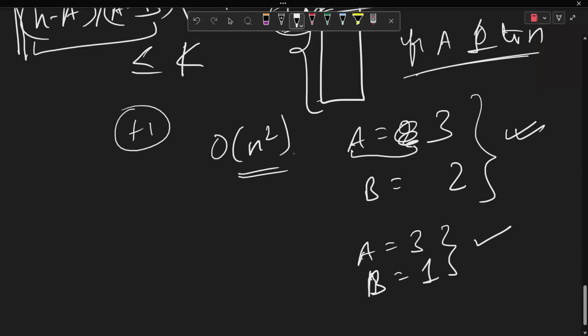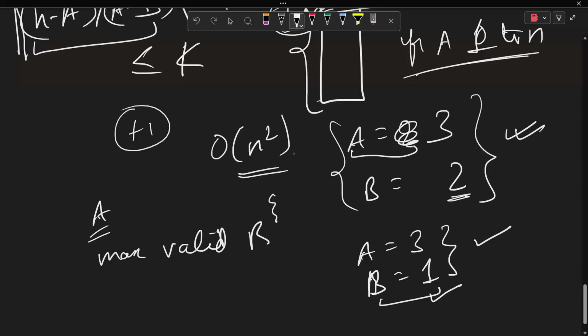Why? Because if we are reducing only the value of b, we are reducing the slipperiness. If we are reducing the slipperiness, definitely, if it was able to come out with a slipperiness of 2, it would come out with a lesser slipperiness also. So what we can say, for a given a, if we can find the maximum valid b, say mx, we can say all the b's from 1 to mx would be valid.